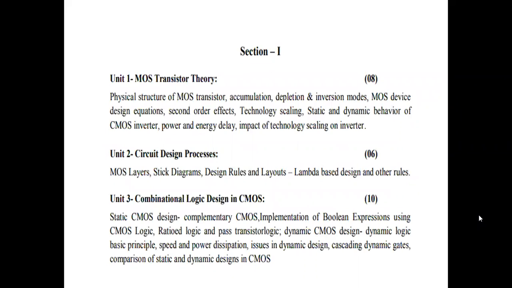So we have a total of 6 units. Section 1 covers the first 3 units and section 2 covers the remaining 3 units. Unit 1 is MOS transistor theory. In that, we are going to discuss the physical structure of MOS transistor, then accumulation, depletion and inversion modes, then MOS device and its design equations, right?